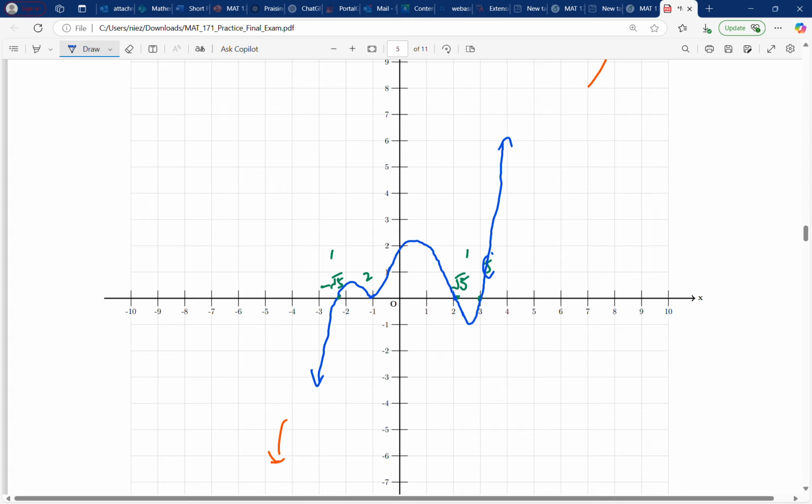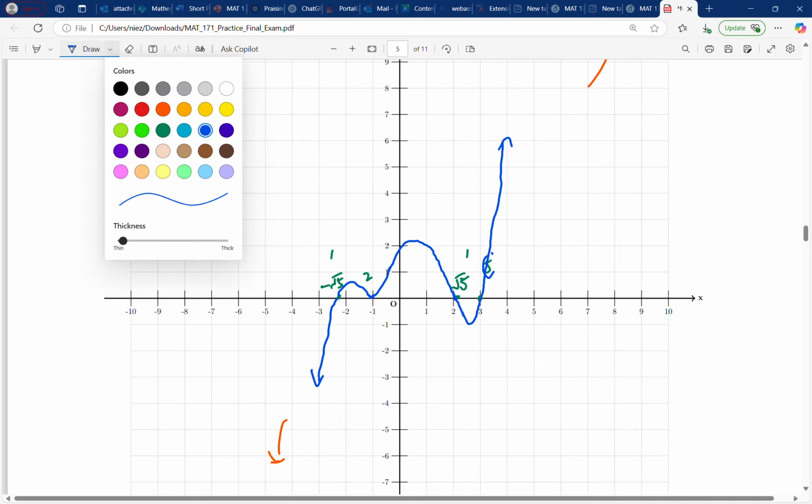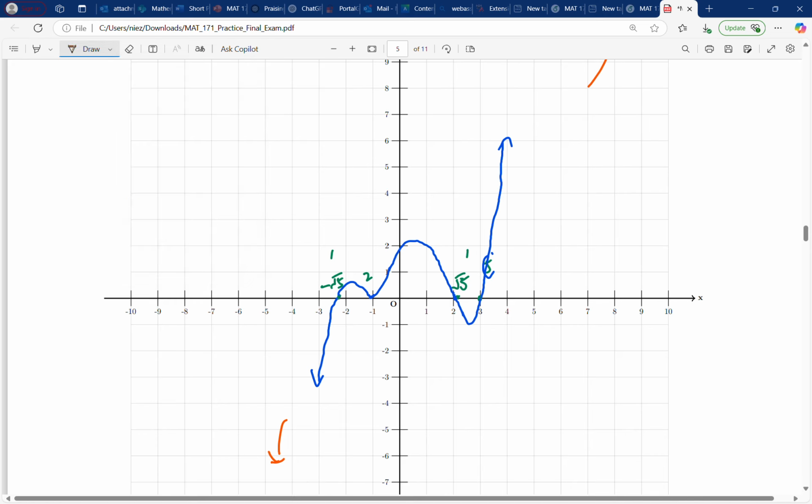If you get a graph like this, it will be right. Maybe you get a little bit different, maybe go taller and then go back, something like this. Then it will be right also.